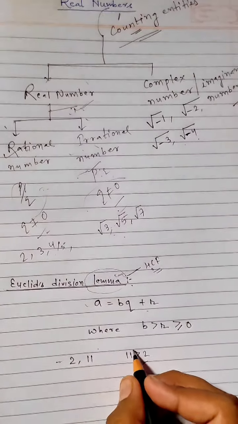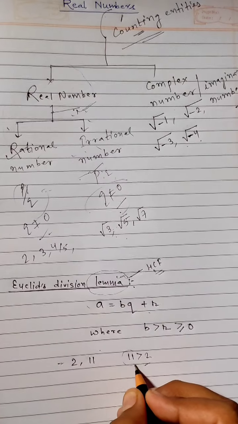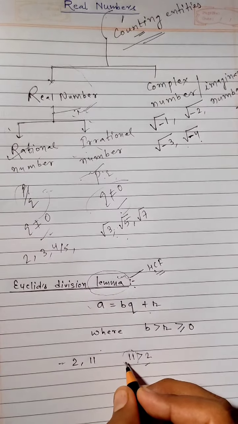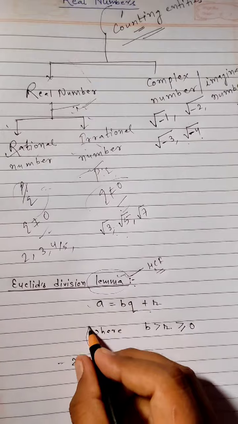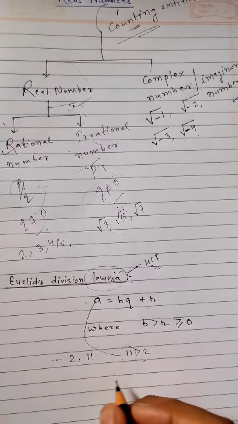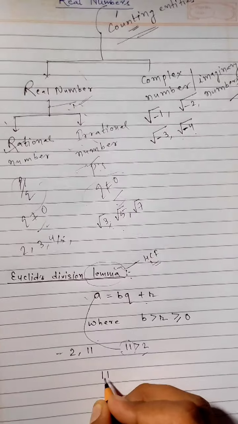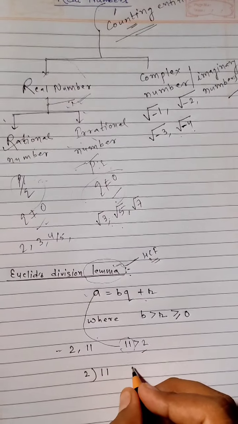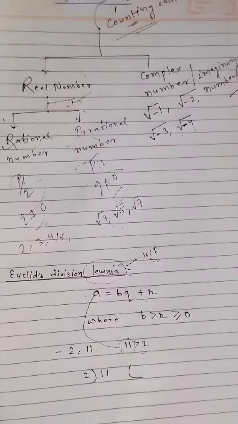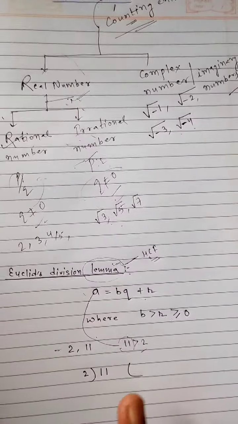So wherever the number is greater, this number will be considered as A. Okay, so let us take 11, 2. Okay, now we will just discuss this.